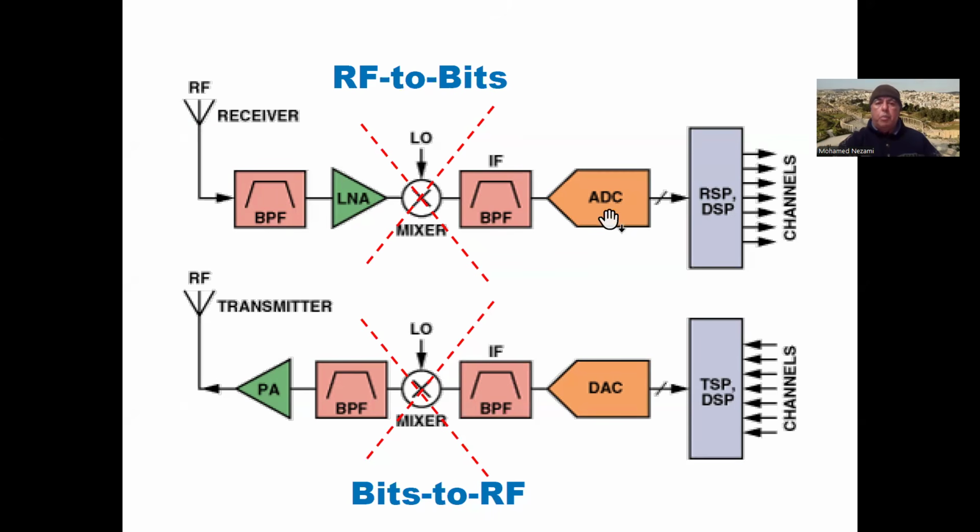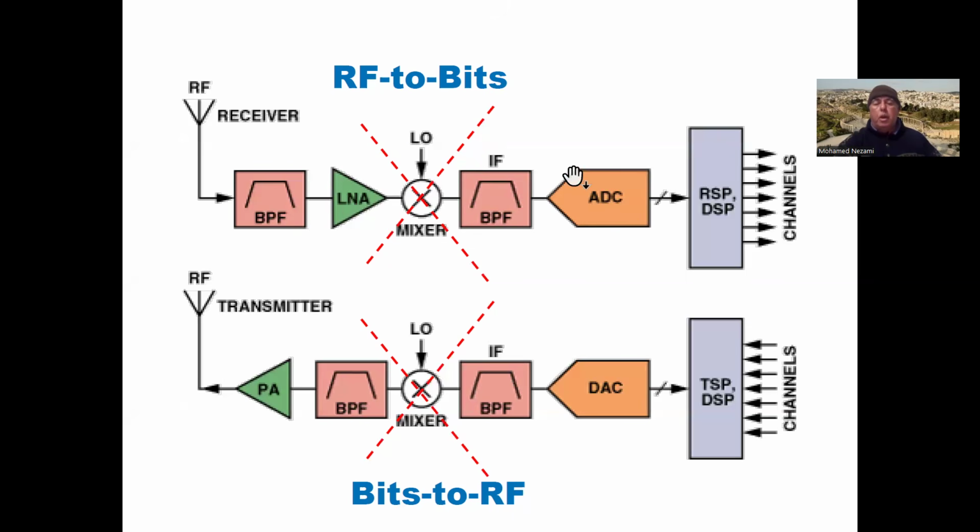And the design approach is not anymore based on the LO frequency plus or minus the IF of the RF carrier. So there are little differences in the approach that we take to design this.